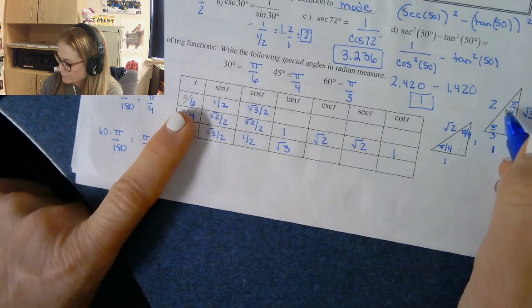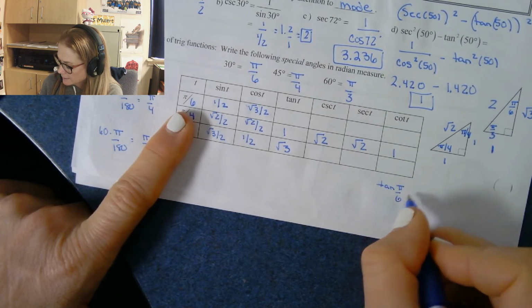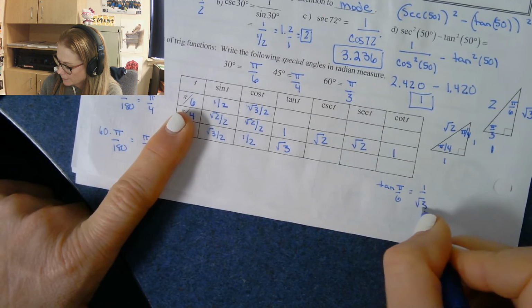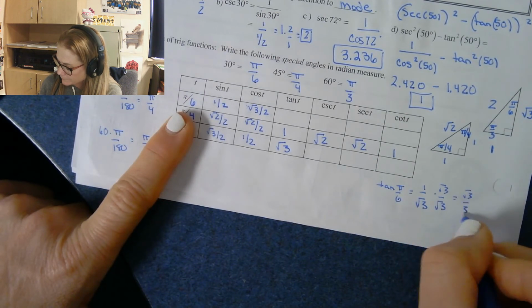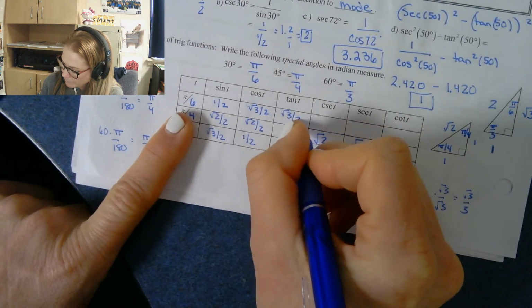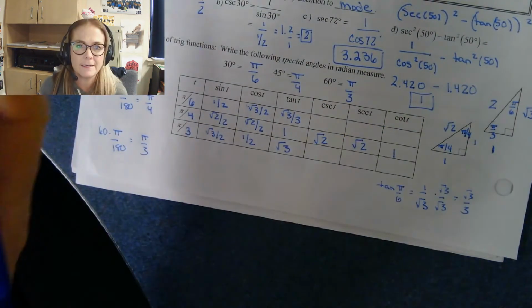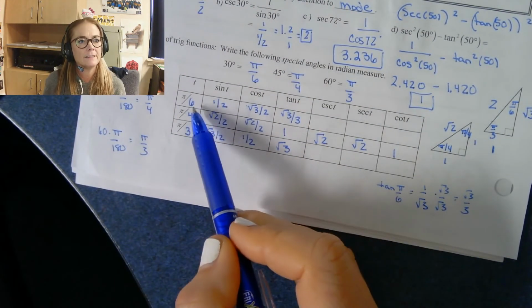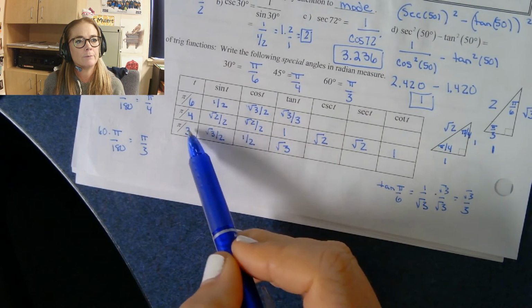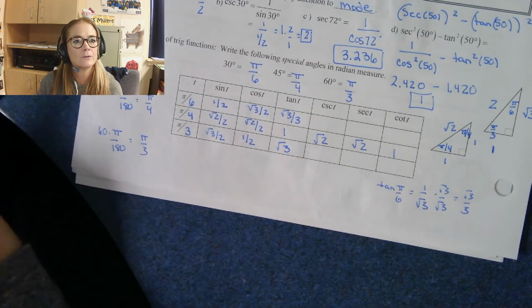If you were to do pi over 6, you would be doing 1 over root 3. So tangent of pi over 6 is 1 over root 3. When rationalized, you get root 3 over 3. The way to memorize that quickly is this is a 6, and that's 3 plus 3. Mathematically, that doesn't make any sense. This is a trick to help you memorize it. So in radians, when you see the 6 for tangent, root 3 over 3. When you see the over 3, just root 3. Now let's reciprocate all of these.